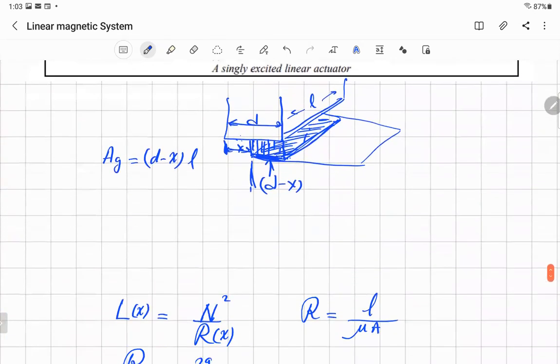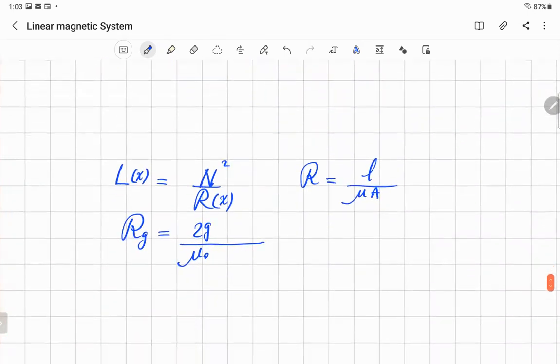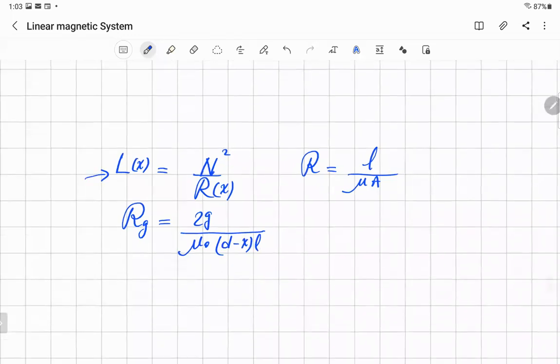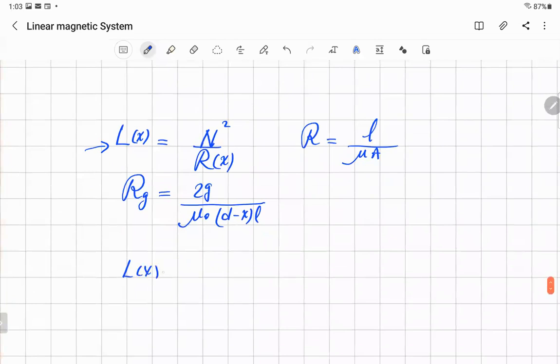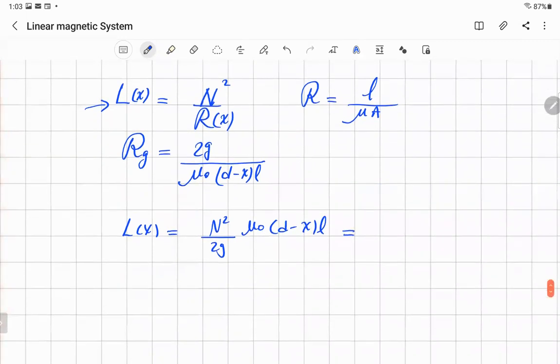So now let's go back to what we tried to do. Now we want to find the area. So the area is equal to G minus X times L. That's the area. So we found the reluctance. Now I can find the expression for the inductance. So L of X is equal to N squared. When you divide, the bottom will be 2G in the top, and mu naught G minus X L. I would like to keep all the constant parameters outside.